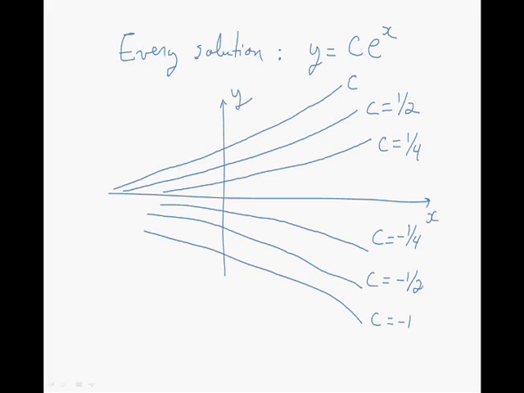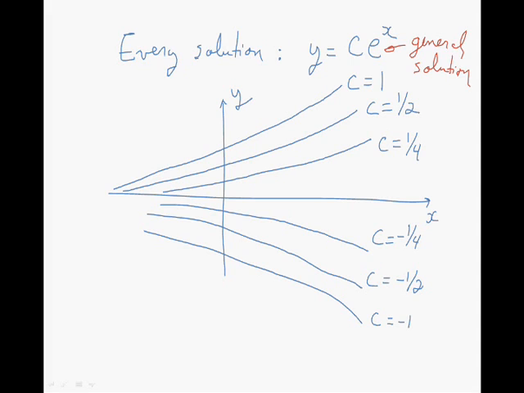In this case, y is equal to c times e^x, which gives every solution, is called the general solution. And each curve, in this case, is called a particular solution.